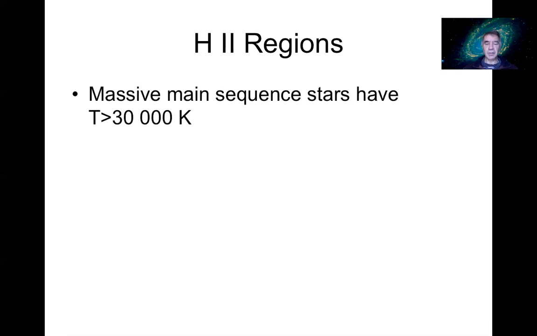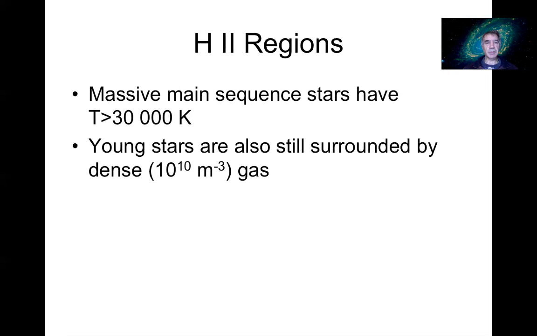As we've just seen, it's the massive main sequence stars that have these high temperatures. But it's no good having lots of hard UV photons, far UV photons, coming out of a star if there's not much gas around it to actually ionize.